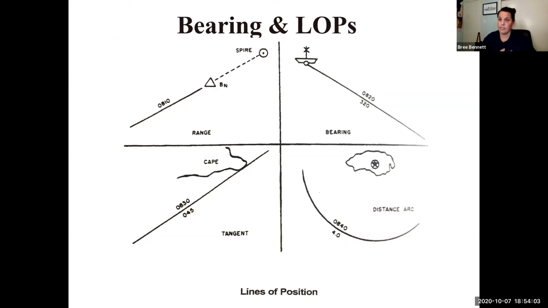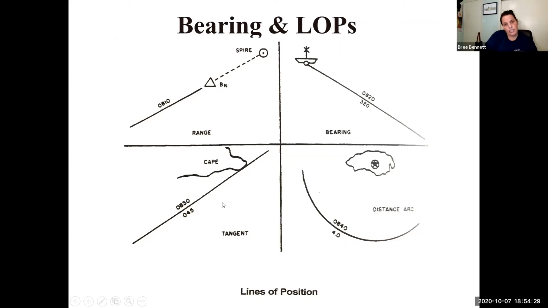You don't need a handheld compass, you don't need anything electronic. You just need to see 2 things in line, whether it's the point of Dana Point and a buoy, or 2 buoys, or 2 pieces of land. You can get a range that way.